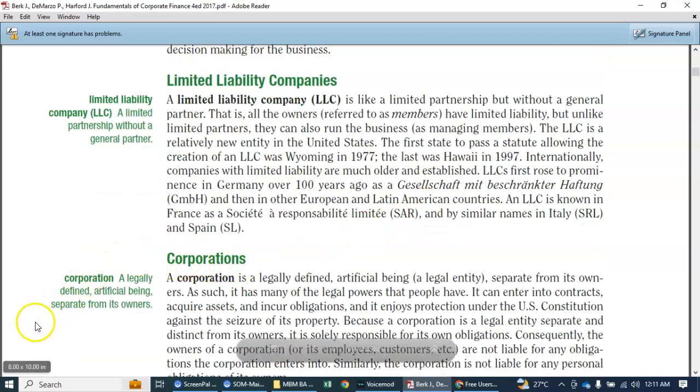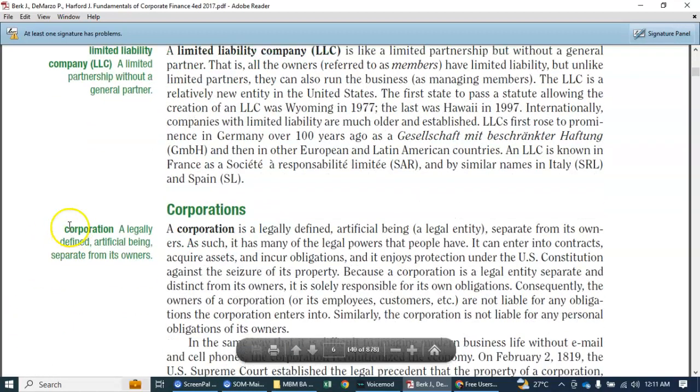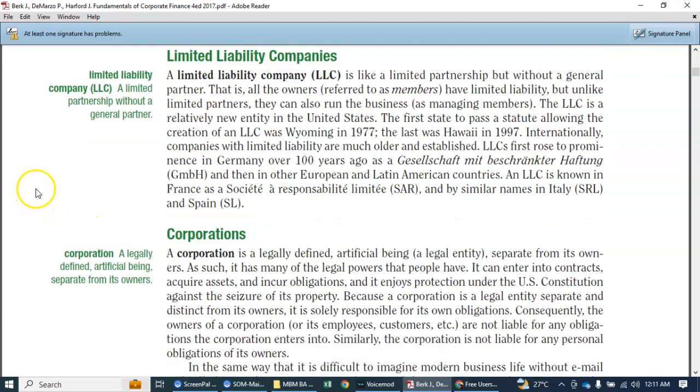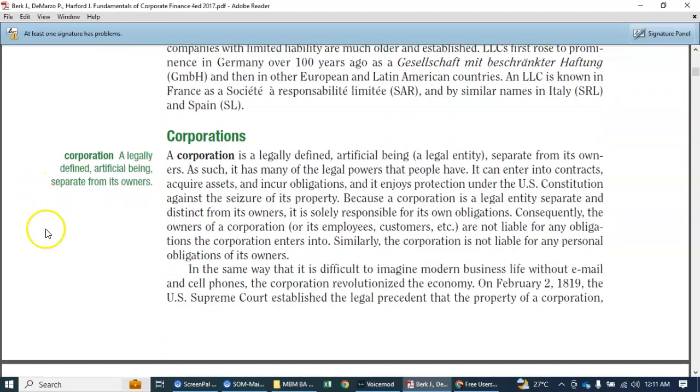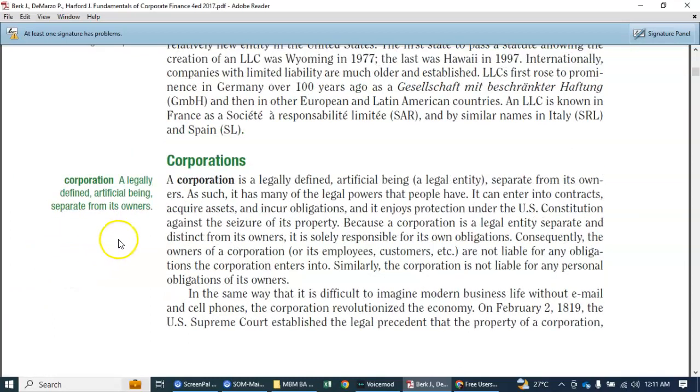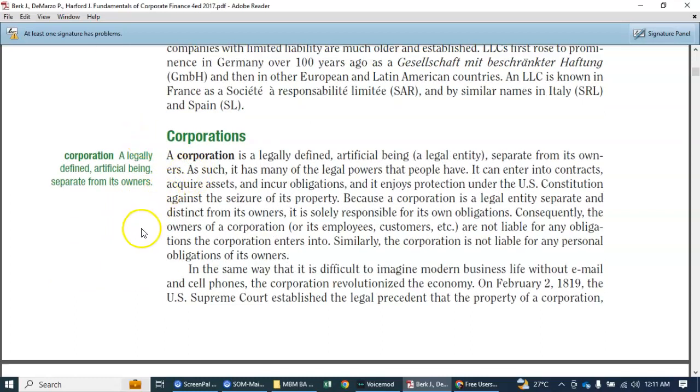The corporation is different from the limited liability company because of its legal definition. It is called an artificial being, separate from its owners, meaning that if you're an investor or the owner of the corporation, by legal terms, you are legally separate. You're not the same as your corporation.